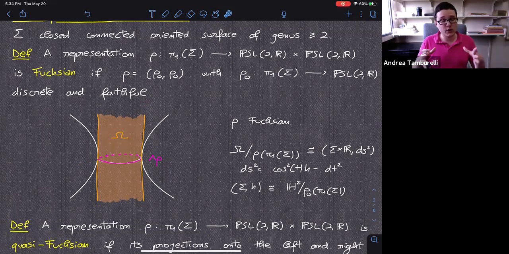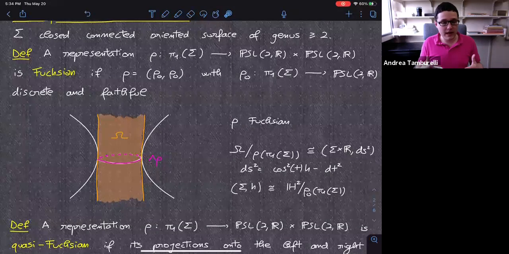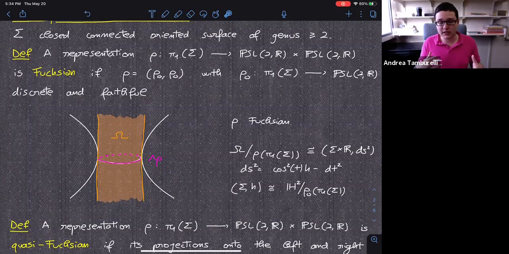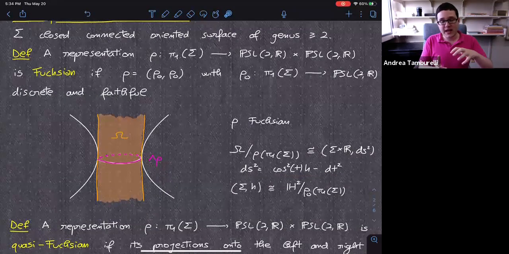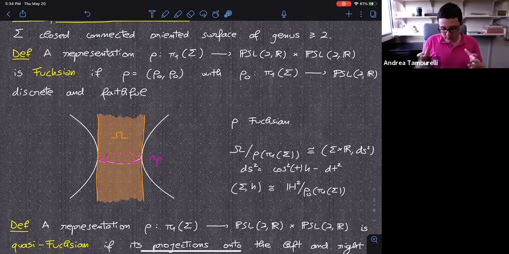And so you can take the quotient of this domain omega under the action of the representation, and you obtain an anti-de Sitter 3 manifold that is diffeomorphic to sigma cross R, and where the Lorentzian metric is the warped product between the hyperbolic metric with holonomy rho and the metric dt on R. Okay, so also in this case, we have the same kind of phenomenon that we saw for Fuchsian hyperbolic manifolds, where we have a totally geodesic plane that is preserved by a Fuchsian representation, and then the quotient manifold is completely determined by the hyperbolic metric on the surface, and it can be written as a warped product.